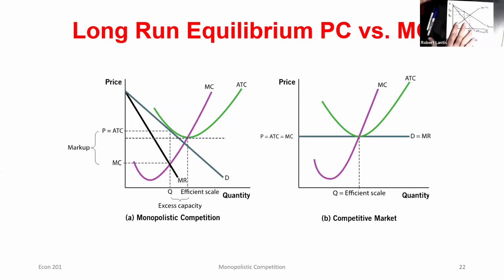Without throwing it on here, just to give you a visual of where the point would be, if I was to plot where the monopolistically competitive quantity and price would be, well, do they have as much market power as a monopolist? No, there are substitutes. They would face a very inelastic demand curve if there were none. So I know that it's going to be somewhere in between a monopoly and a perfectly competitive market, right?